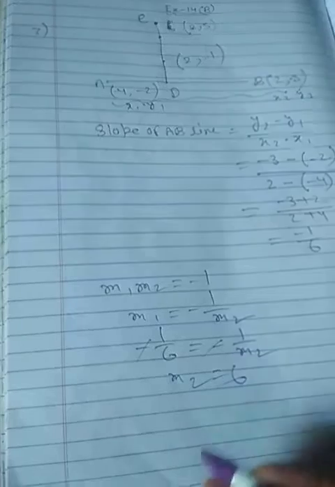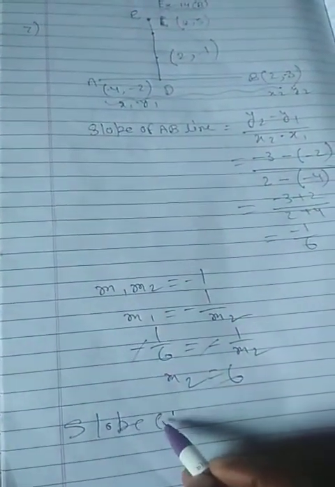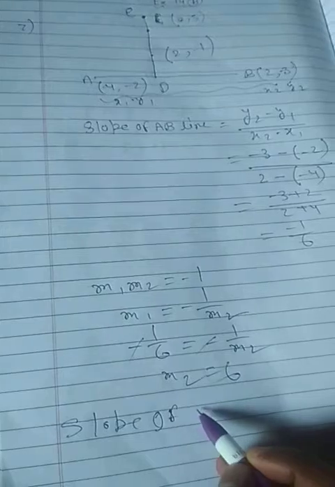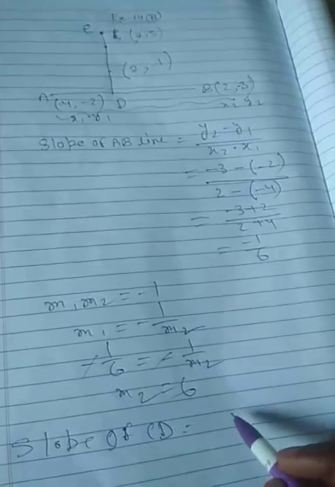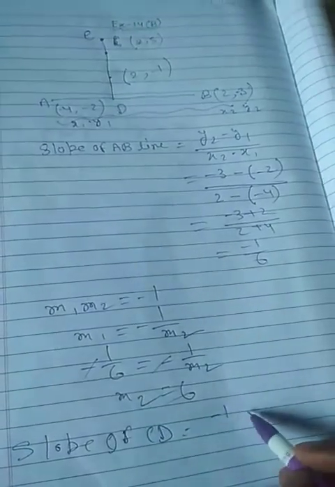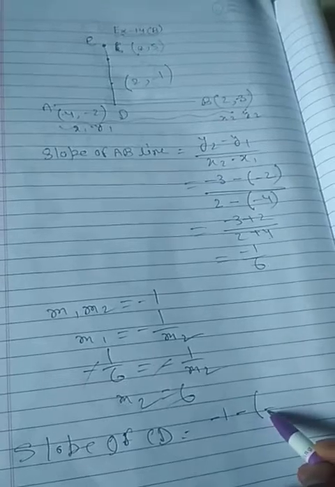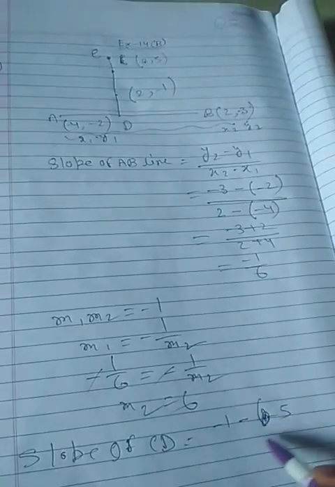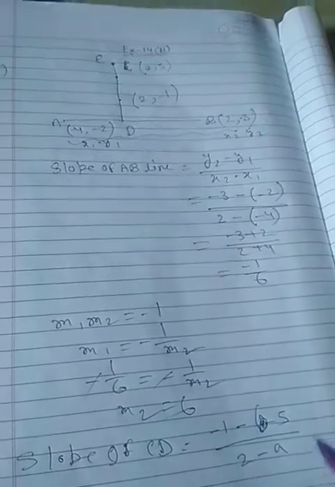Now two points are given, and on the basis of that we can also calculate the slope of CD. The points are a comma 5 and 2 comma minus 1. Similarly, y2 minus y1, that means minus 1 minus 5, over x2 minus x1, that means 2 minus a.